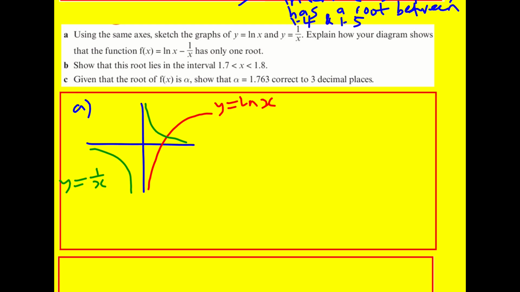Explain how the diagram shows there's only one root. ln x equals 1 over x only has one solution. I'm pointing to where that is.